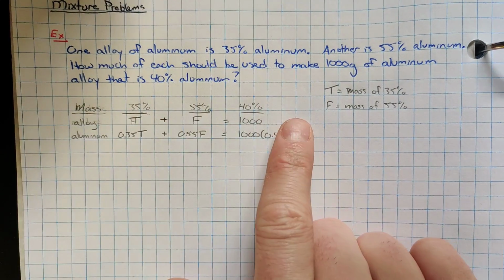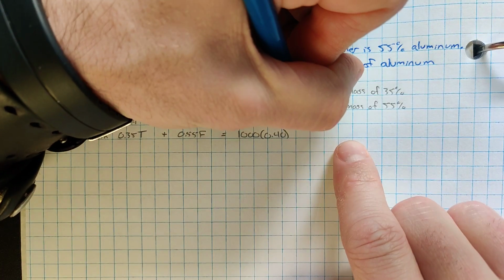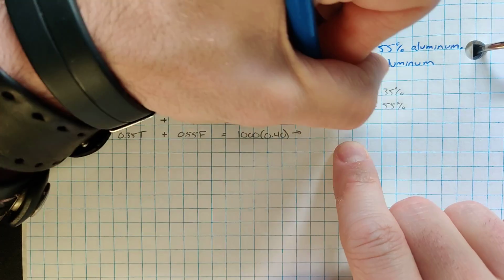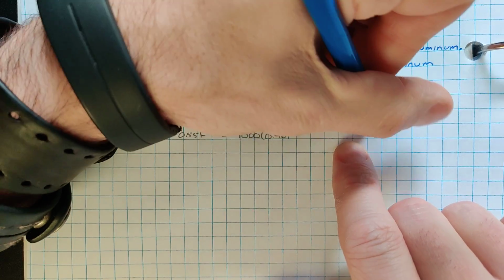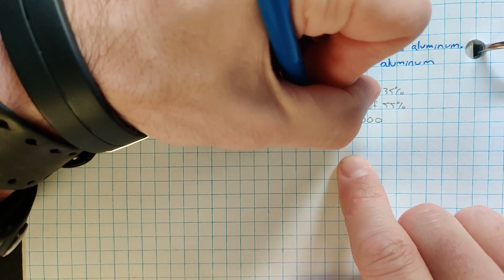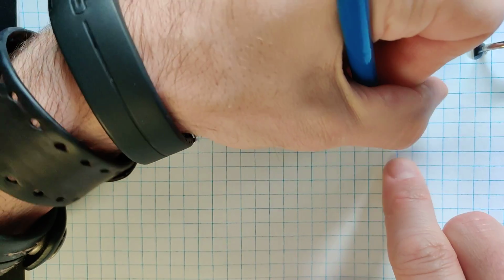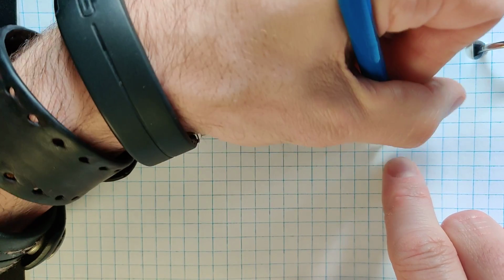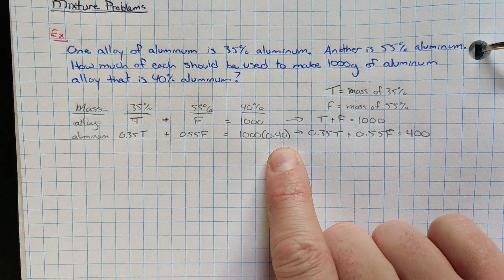This would make our two equations. So if I rewrite these, I get T plus F equals 1,000, and the second equation will be 0.35 T plus 0.55 F equals 400, which was the 1,000 times 40%.